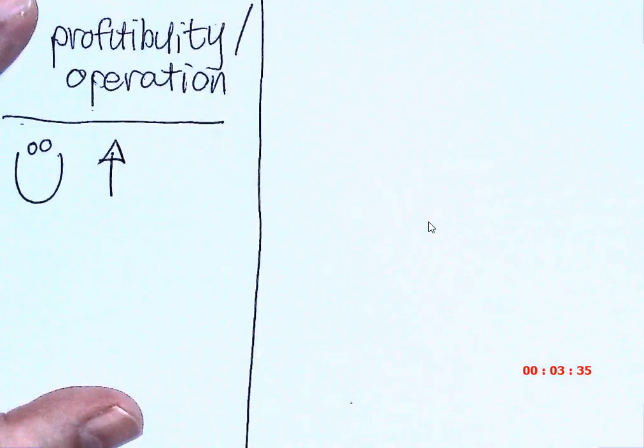In other words, if your operating profit on sales was 10% last year and now it's 12%, there's an increase, then it's good.